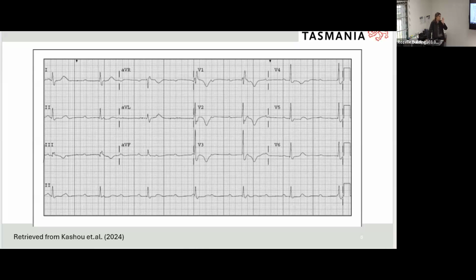We should still see that mostly positive projection of the R, and then this slurred S wave, which we do see a little bit of in V6. But if you don't see a proper slurred S wave, you might be suspicious that it's an incomplete bundle branch block. So that could be why that's occurring there. Rounding of the QRS. Is that consistent with what you're trying to describe, Madeline?